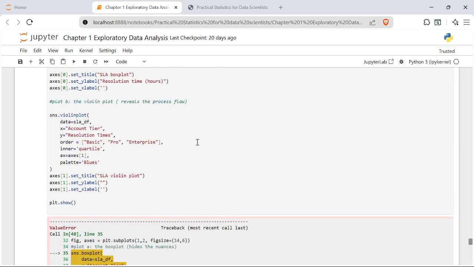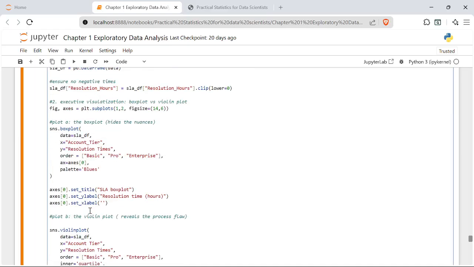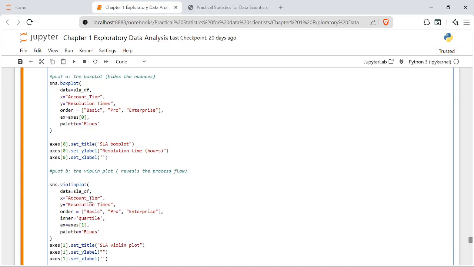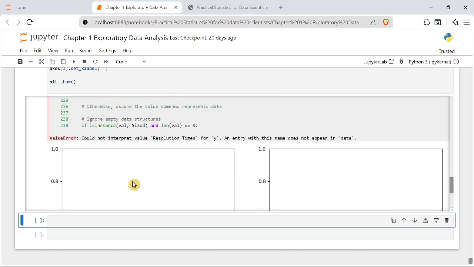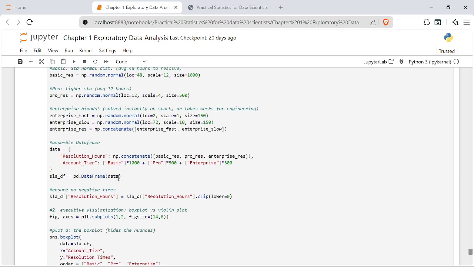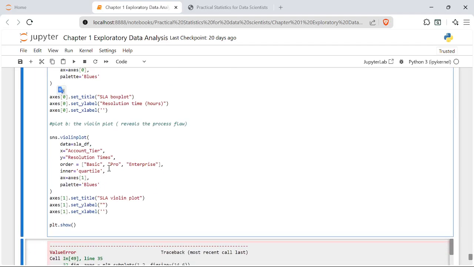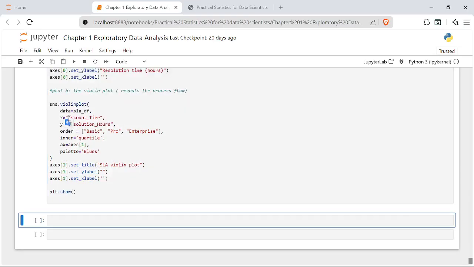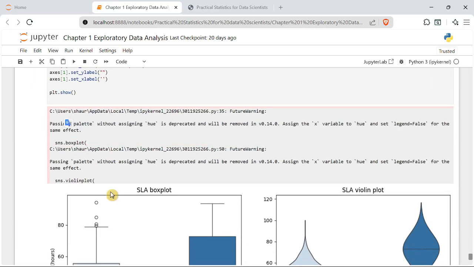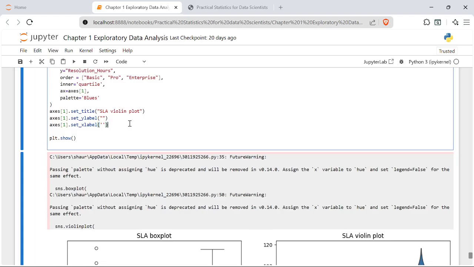The column name is account_tier. Could not interpret resolution time for y, so the column is resolution_hours. Passing palette without assigning hue is deprecated.